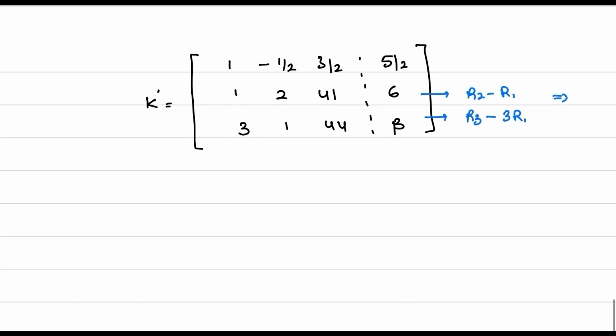This is the modified R1, which implies this will be 1, minus half, 3 by 2, 5 by 2, this is 0, this is 0, then 2 minus minus half, that will be 5 by 2.